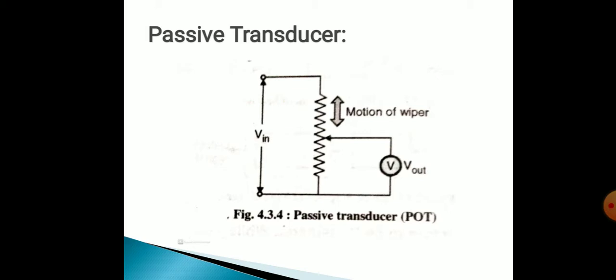The displacement causes movement of the wiper in either direction, up or down. If the wiper moves upward, the voltmeter measures more voltage. This is the output signal, and Vin is the input voltage required for functioning of this pot. Vout is the output voltage.